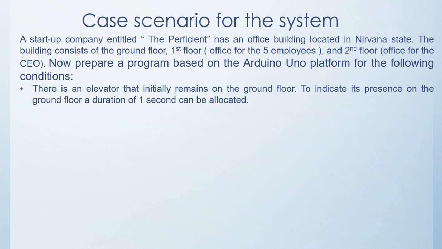In any building, the lift usually starts from the ground floor. So to indicate its presence on the ground floor, a delay function of 1 second can be allocated.